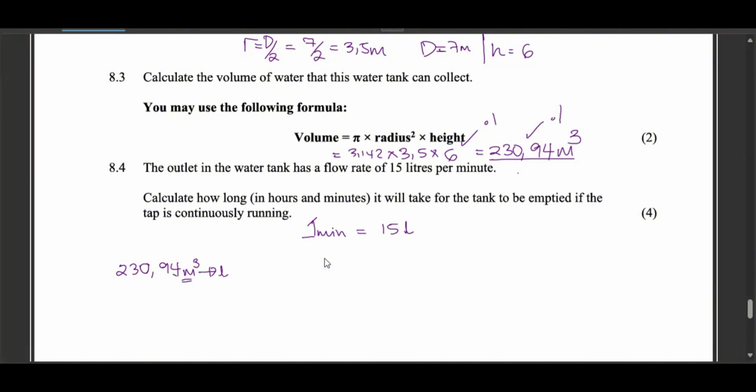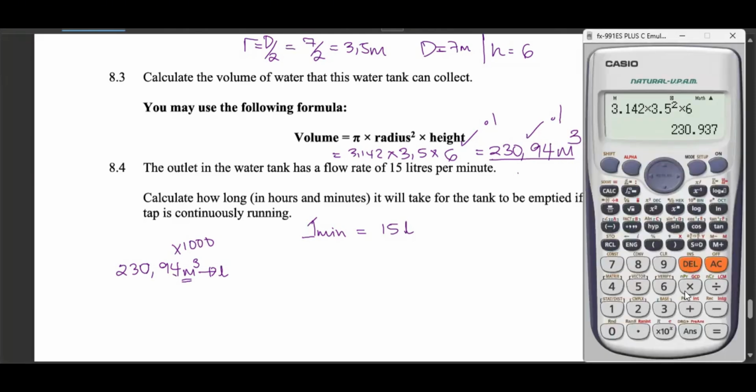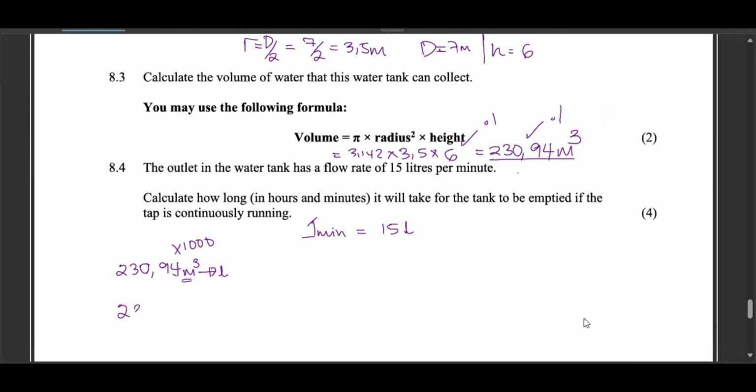And if you change them to liters, you need to multiply by 1,000. Let's come to our answer here. Multiply by 1,000. You have 230,940 liters. So how long will it take these to be outletted?